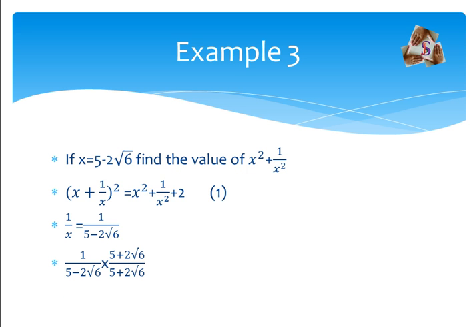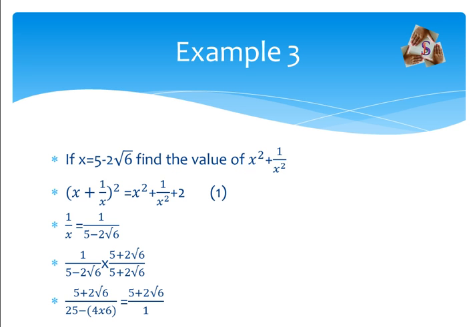I will rationalize it. So 1 by 5 minus 2 root 6, I multiply and divide with its conjugate. So it's 5 plus 2 root 6 by 5 plus 2 root 6. So that is 5 plus 2 root 6 by, again in your denominator, it's of the form a minus b into a plus b. That is a square minus b square.